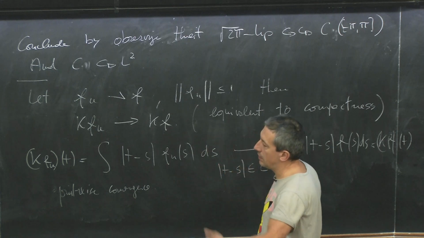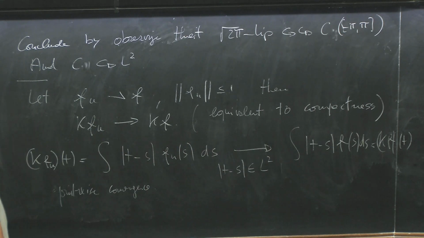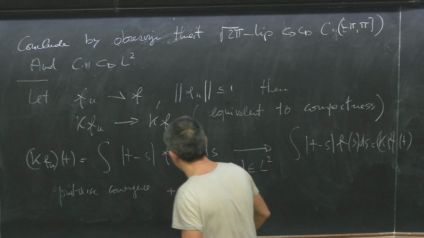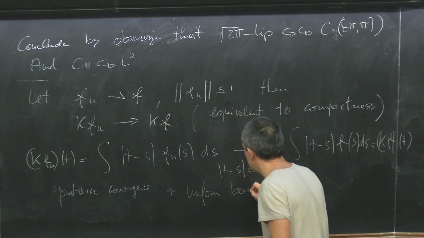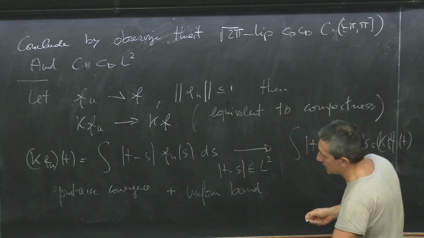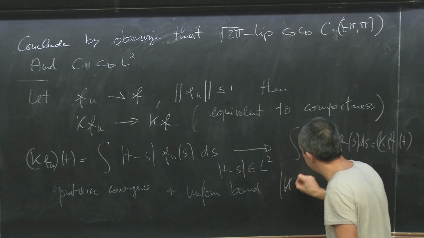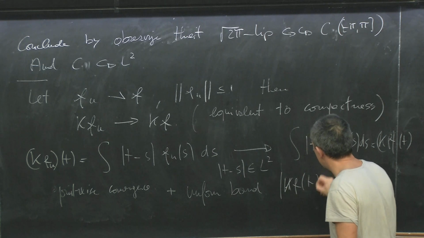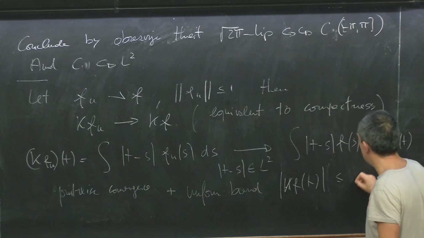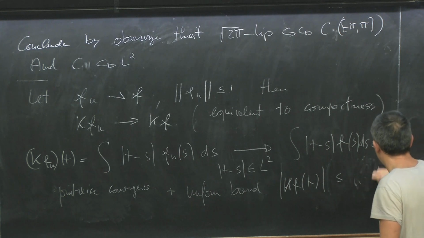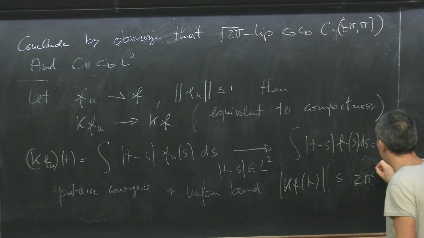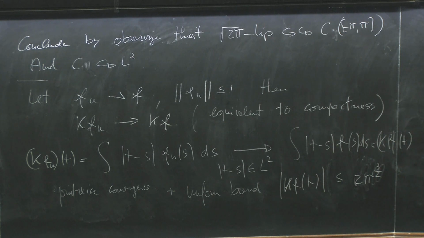And now, well, we have the uniform bound, which is that Kf of t is less or equal than 2 pi to the 3/2. Okay, let me write this. And now you apply Lebesgue's dominated convergence theorem.